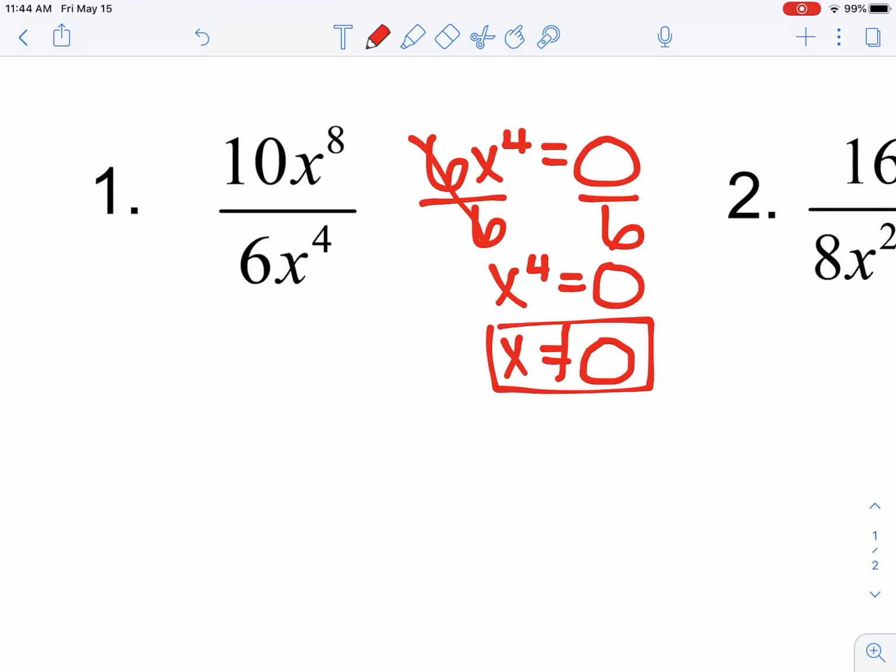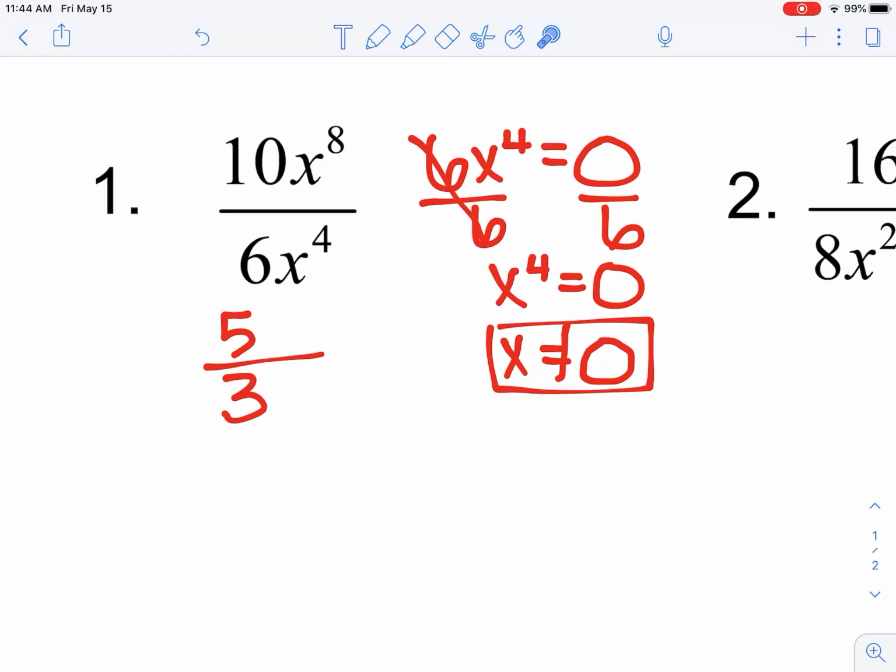Okay, next up we are going to simplify our fraction. So take a look back over here. We've got a 10 in the numerator and a 6 in the denominator. We could divide both of those by 2. You can also use your ABC key to help you simplify there. So that would reduce to 5/3. And then we need to divide x to the 8th by x to the 4th.